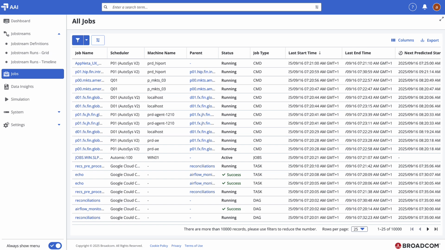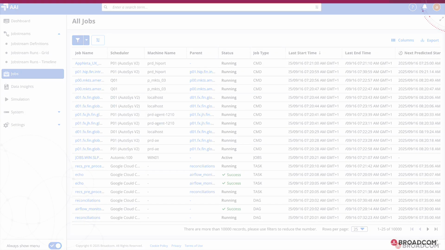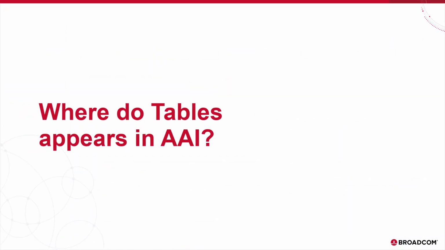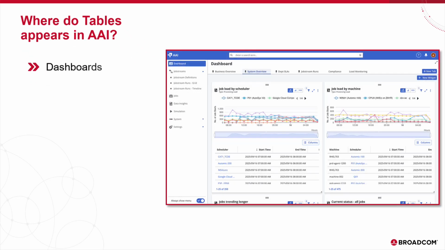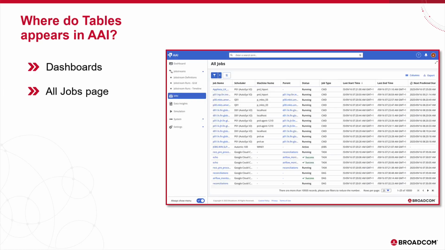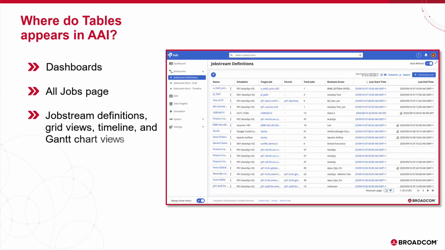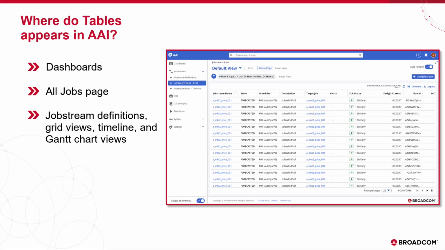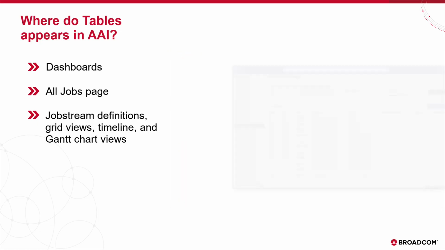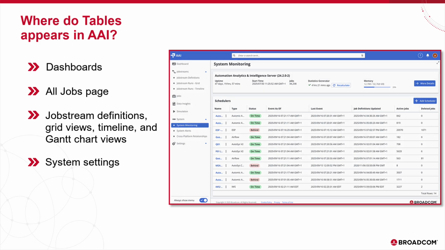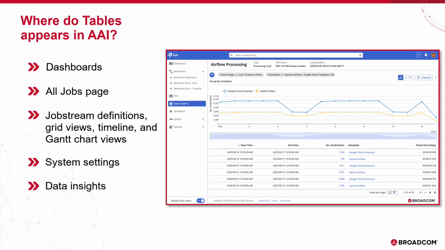quickly. Before we explore how you can work with tables in AAI, let's first understand where in AAI you see table data. Tables appear almost everywhere in AAI. You'll see them on your dashboard, in the jobs list, in jobstream definitions, on the jobstream runs and details, and the Gantt view, in key settings pages, and of course in all data insights.